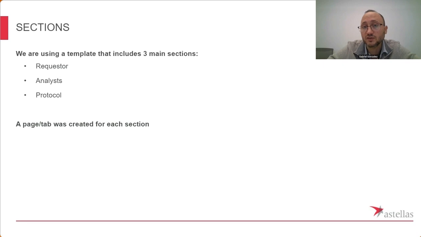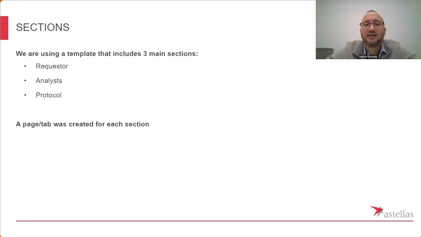Then we have section number 2, which is a section for the analyst. The analysts, as our team members, will be able to go to this section and find out everything that they need to run this sample, or this specific assay. We wanted to make it dummy-proof, so that anyone should be able to follow the steps to perform this task.